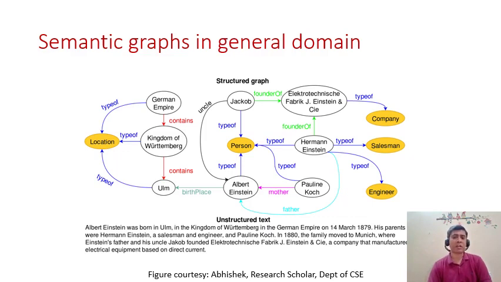There are a lot of applications you can think of for converting unstructured text into structured graphs. I am showing you these examples just to motivate you that while doing NLP, it is not only that we want to process these texts and identify a few entities, but there are also wide applications possible in different domains.